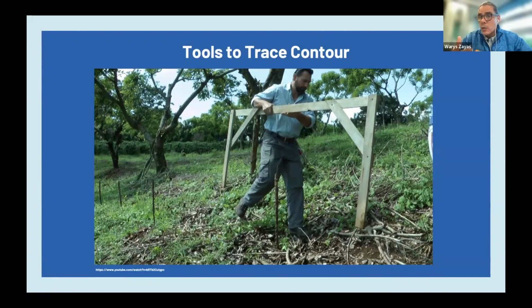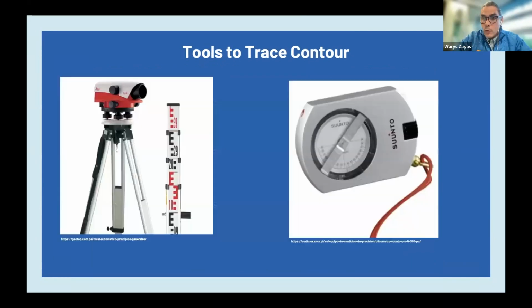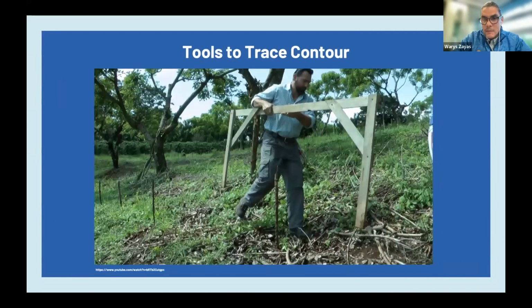And as I always mention when I talk about those tools, when I was in grad school, 2 or 3 times I had the opportunity to be in a field making some tests about how those tools correlate with more advanced tools such as the dumpy level, and if you build those tools well, the difference is barely nothing, right?